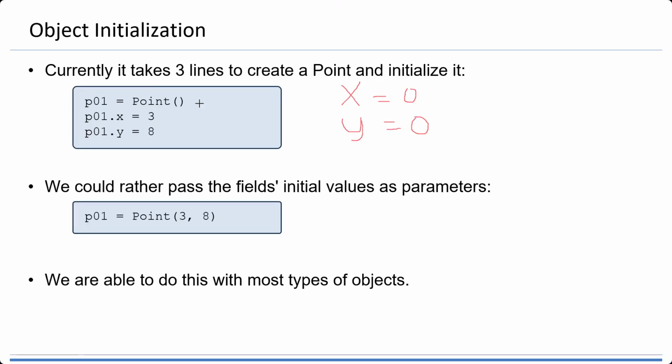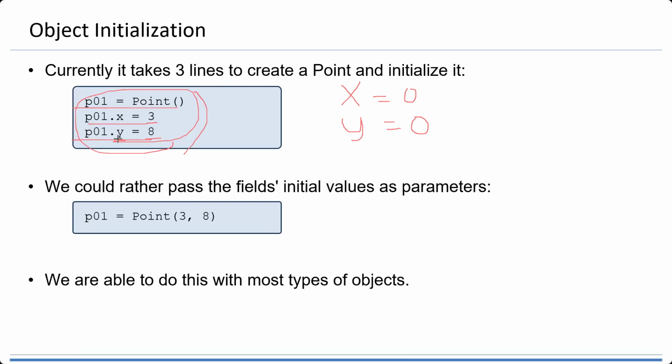If you want to update the point, let's say I'm using P01 and I'm going to put x is 3 and y is 8. You need 3 lines to declare the x and y of a particular location.